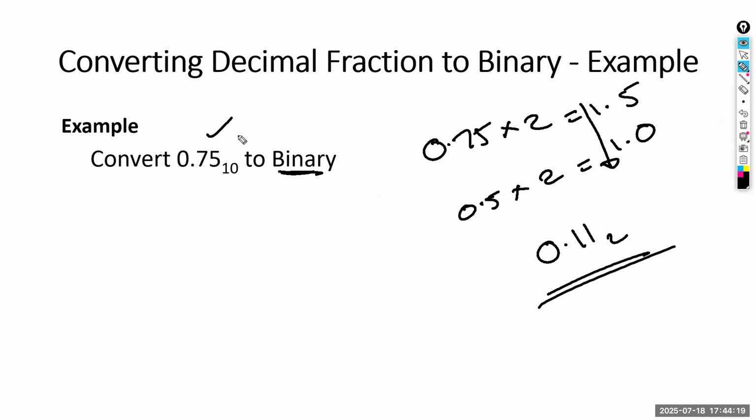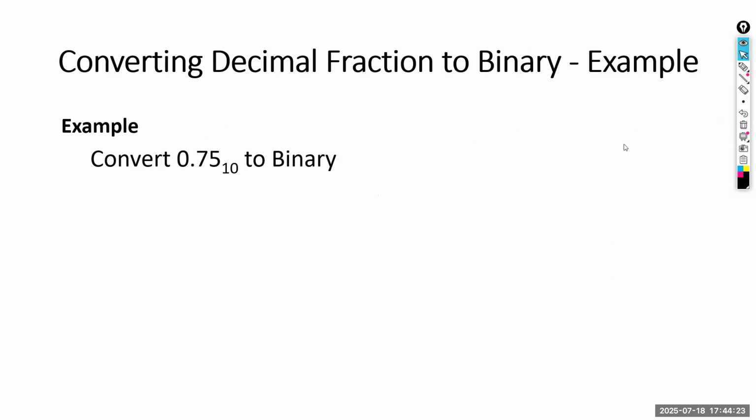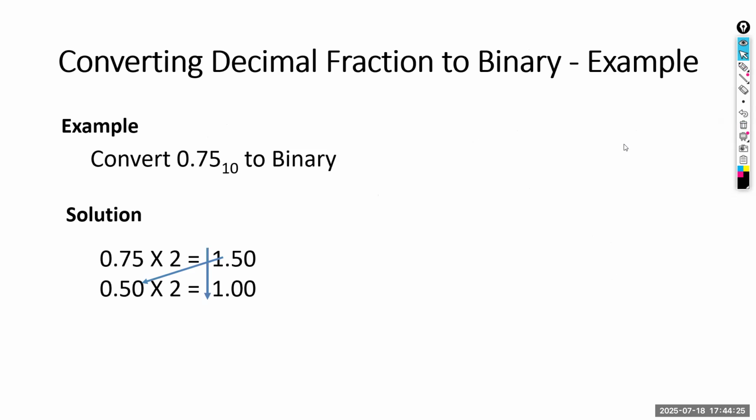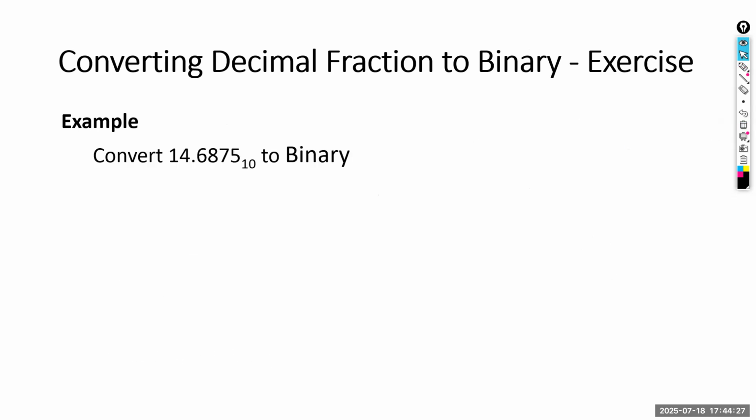Let's do another example so that you better understand it. This one has both a whole part and a fraction part. The whole part we convert separately, and the fraction part we convert separately. You can't convert both parts together.